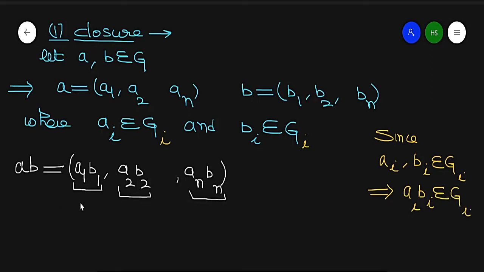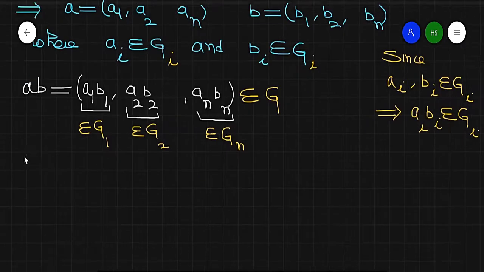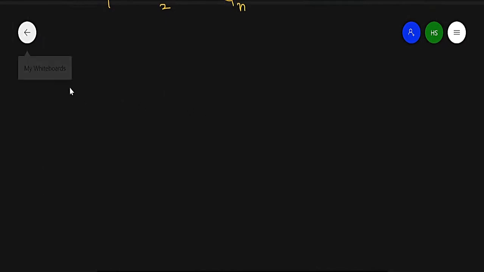It means the first element belongs to G1, the second belongs to G2, and the nth element belongs to Gn. So the entire Cartesian product belongs to G. So G is closed under the given binary composition. That is my first result.